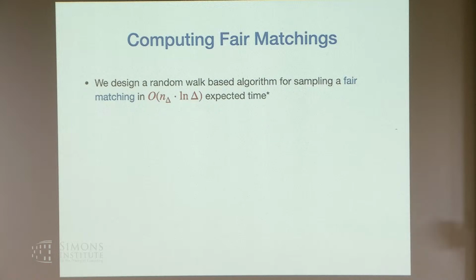And one key technical part of the paper is to show that the random walk approach that Goel, Kapralov, and Khanna had, you can work with an idea like that to sample a fair matching in roughly n log delta time. In fact, n here is the number of vertices with maximum degree delta. So the runtime of this algorithm depends on the vertices with maximum degree delta.